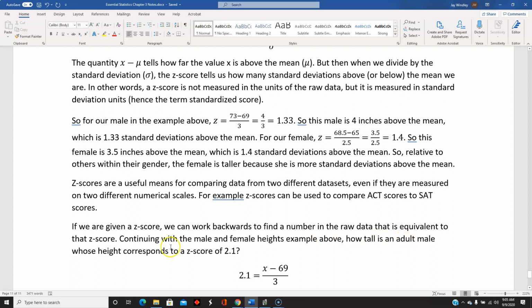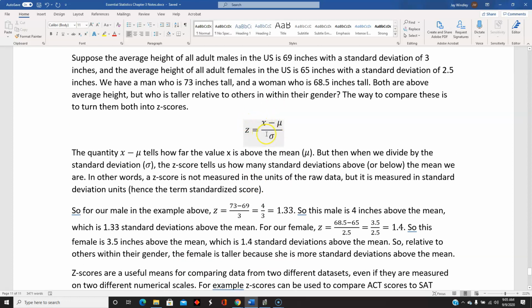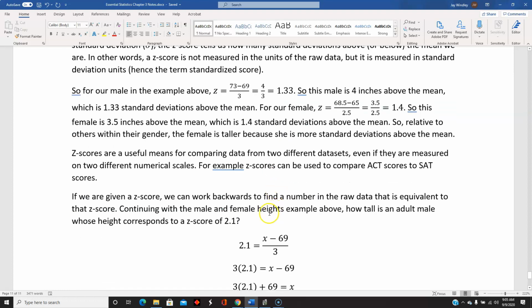You can also do a problem like this, I guess you could say, backwards. How tall is an adult male if we know his z-score is 2.1? So now I'm using that same z-score formula from before, except now I know the z-score is 2.1. I still know average male height is 69, and I still know the standard deviation of male heights is 3.